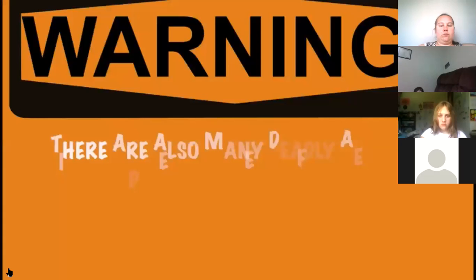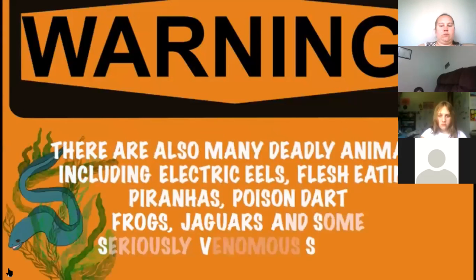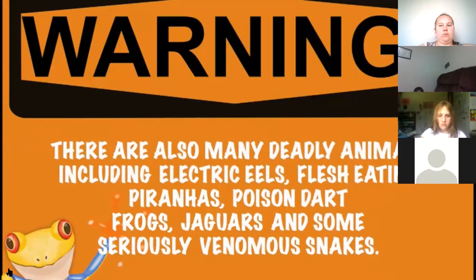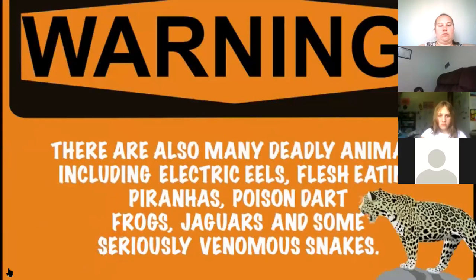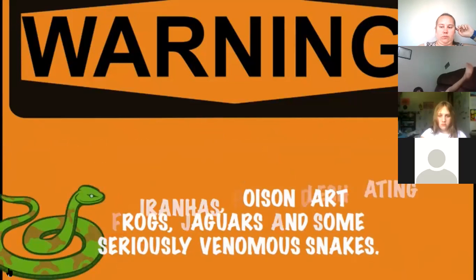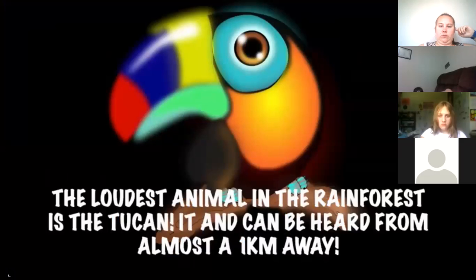There are also many deadly animals, including electric eels, flesh-eating piranhas, poison dart frogs, jaguars, and some seriously venomous snakes. The loudest animal in the rainforest is the toucan. It can be heard from almost a kilometer away.